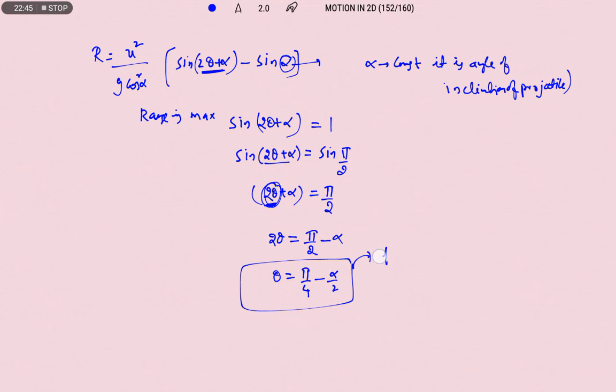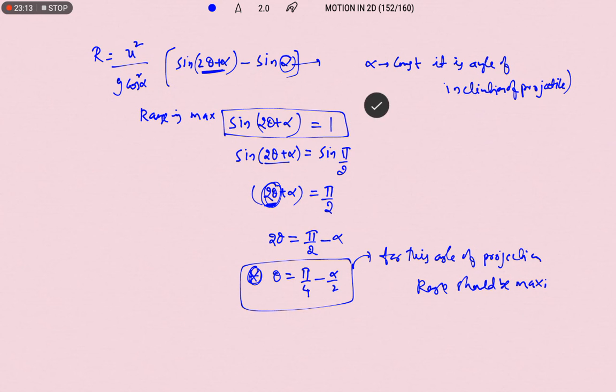For this angle of projection, the range should be maximum. So this is the condition of maximum range for projection along the inclined plane. Now let us simplify this. Range is maximum when sin of 2 theta plus alpha is equal to 1. Let us substitute here.